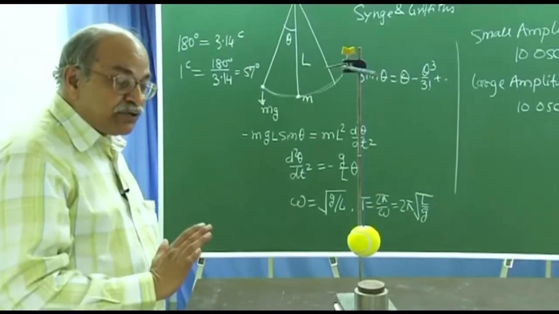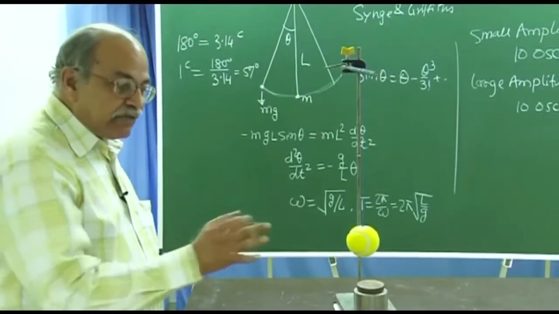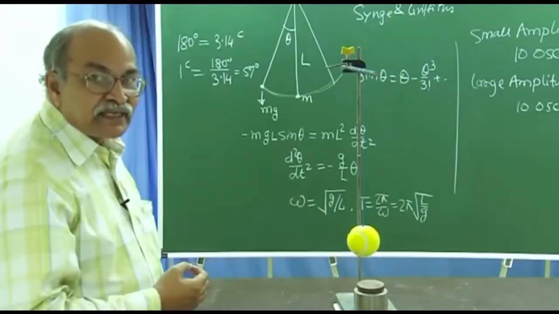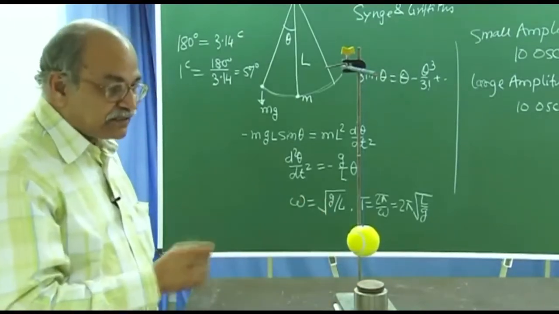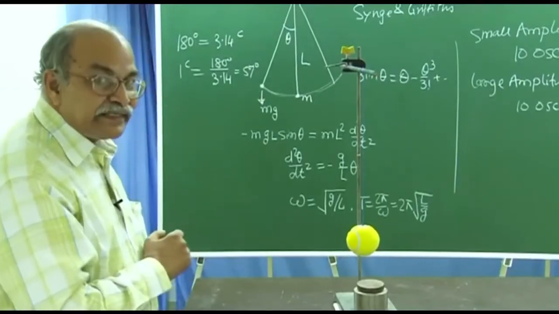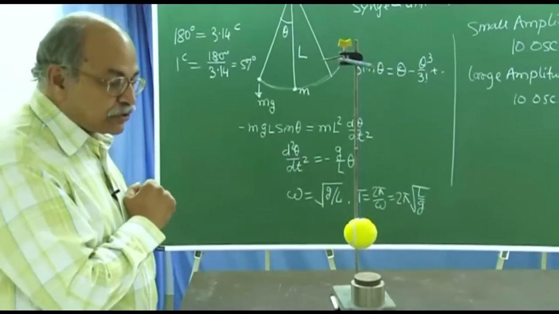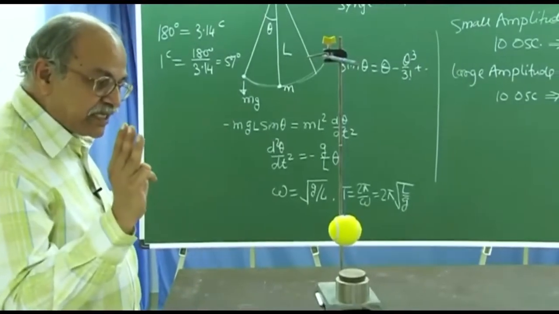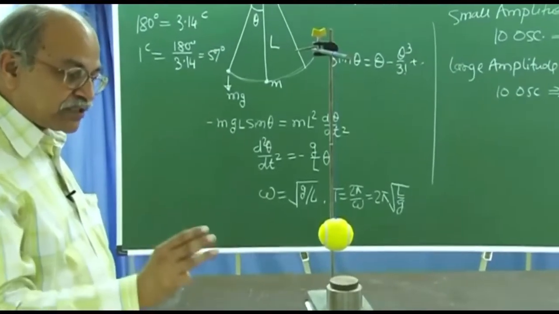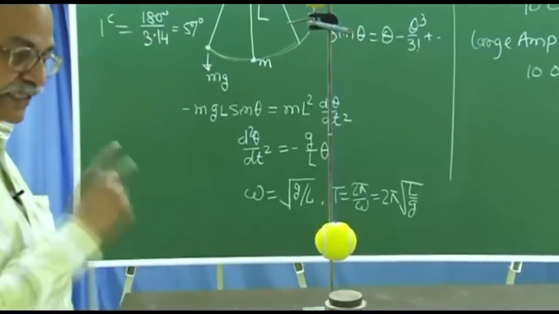But now what I am going to show you, I will release it with 0 velocity, and you watch if any change in the plane of motion takes place. So, I will do 3 experiments, and you carefully and patiently watch about the plane of its oscillation.